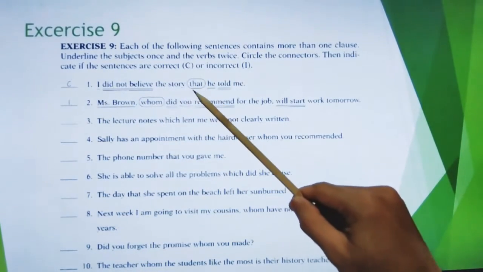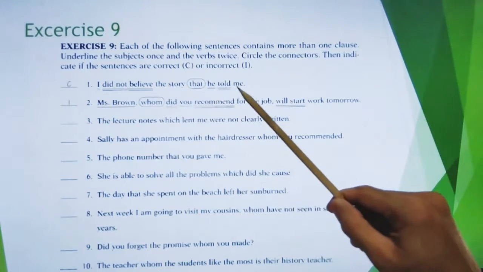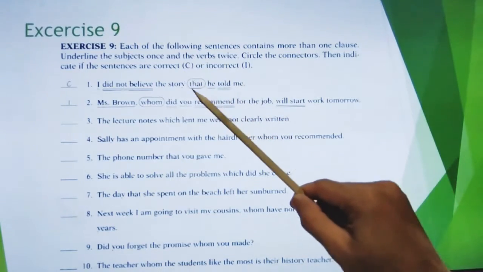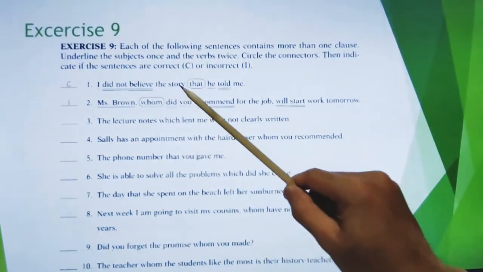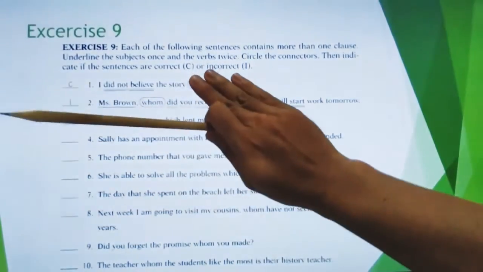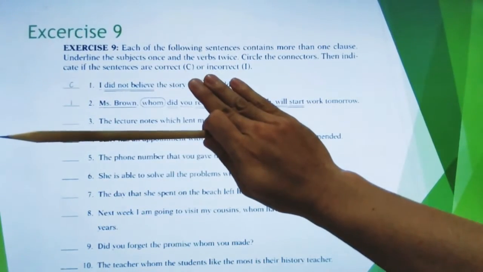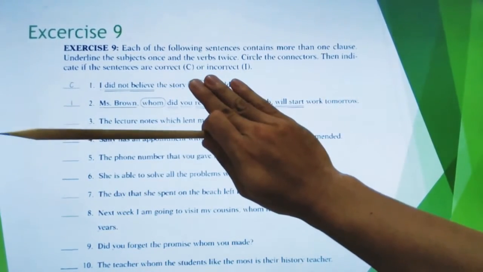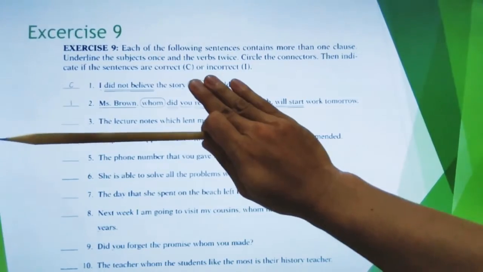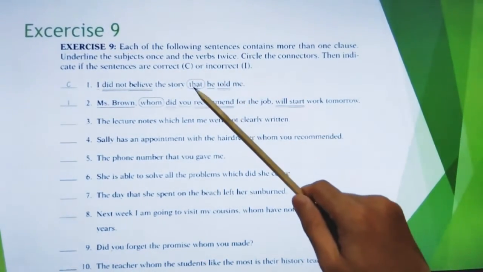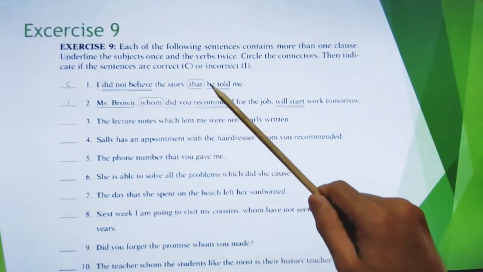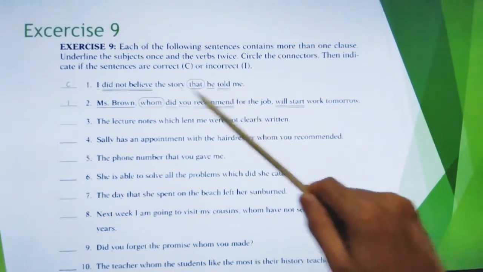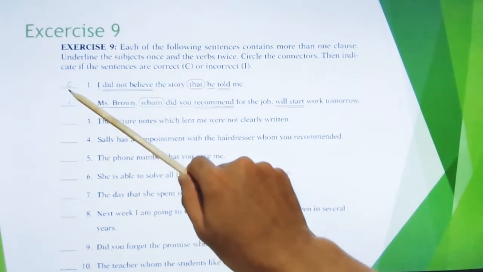But the question is, that he told me, is it correct or incorrect? If we just omit this, I didn't believe the story, the sentence still makes sense. And is that he told me correct? Yes, the answer is correct.